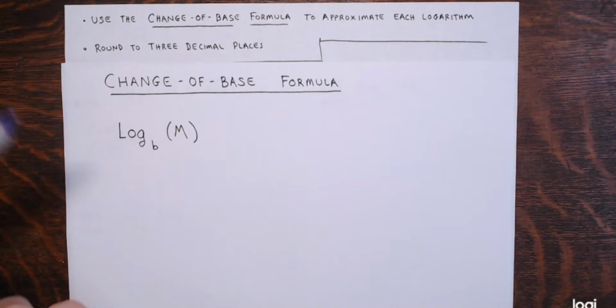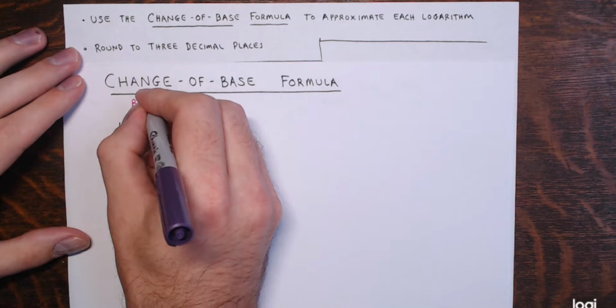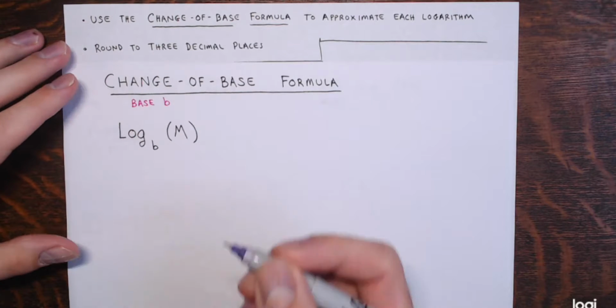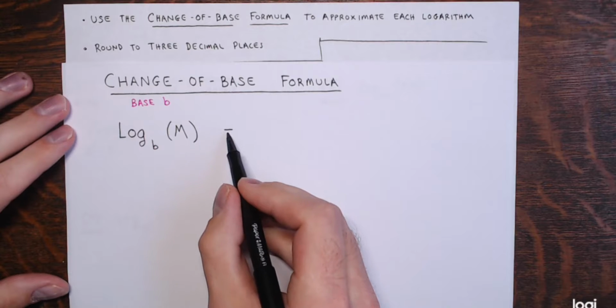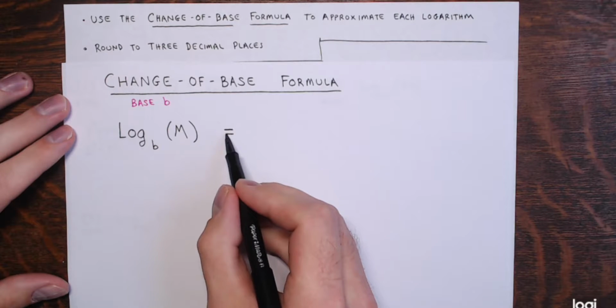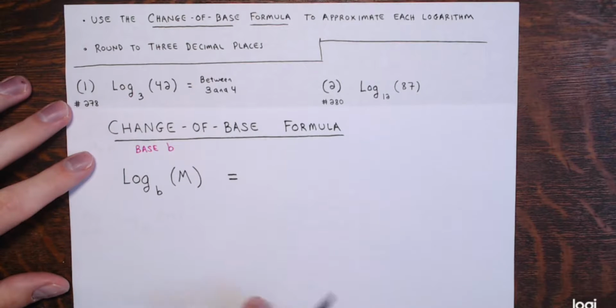Alright, so this side we're in base b, whatever b is. Well, say that's not a nice number, like the log base 3 of 42, right? 42 is not a nice power of 3.